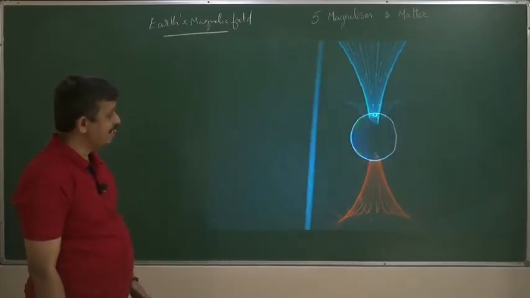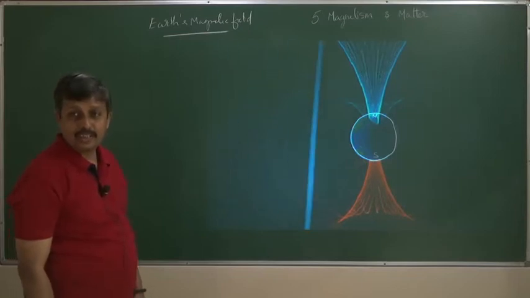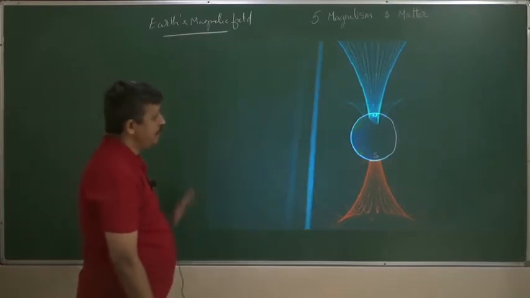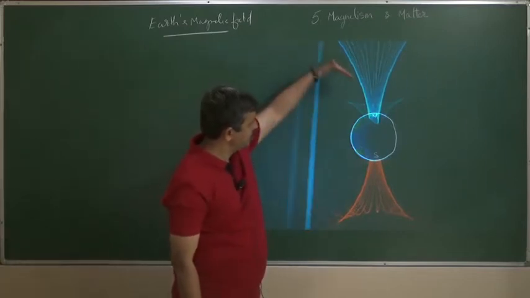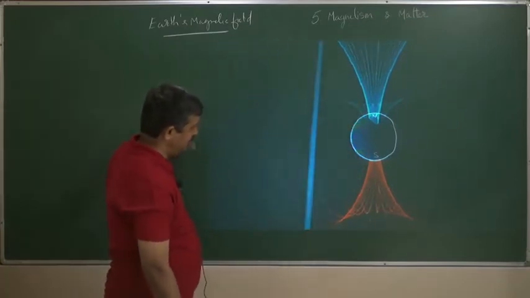You can clearly see that the magnetic field lines enter through this and go out of this.